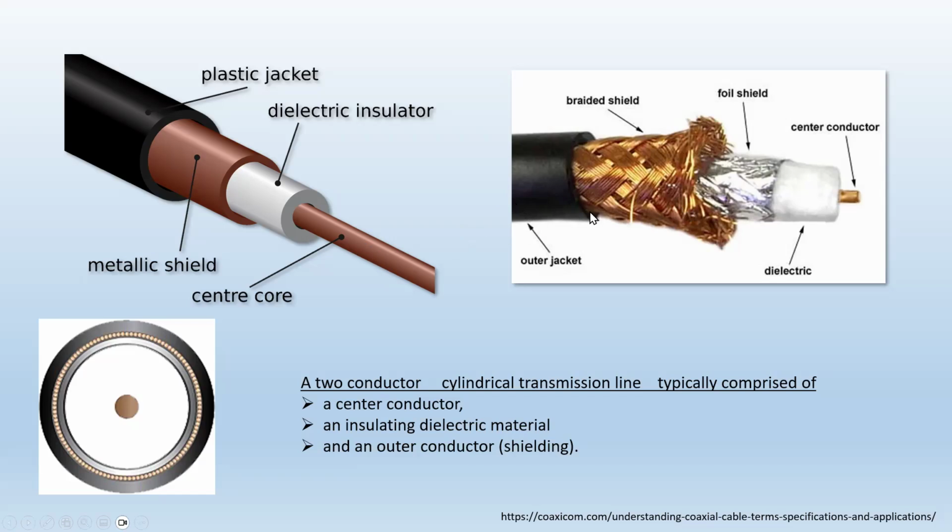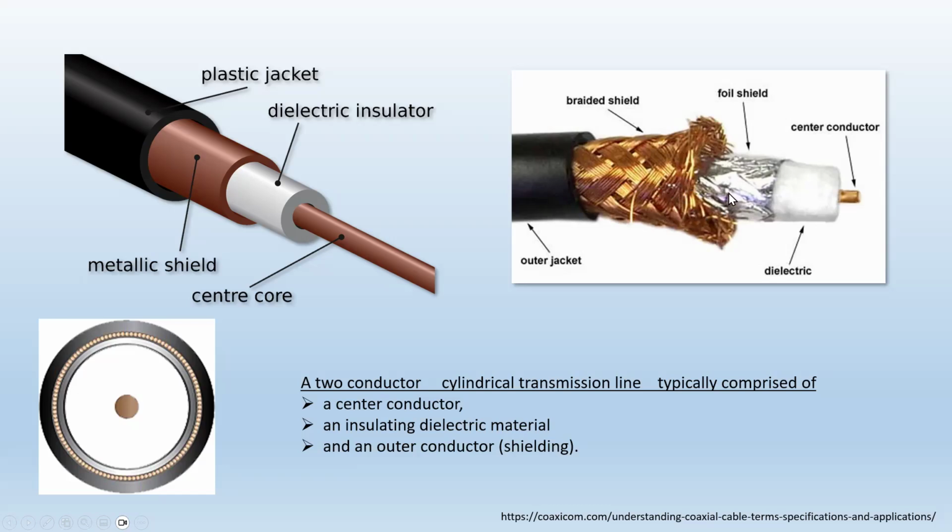But then again, the idea is the shielding is supposed to protect from outside interference and protect the signal from affecting other things by escaping. But the reality is what it is. Sometimes some signal does escape. So some cables may be more shielded than others, and there will be different grading of those and different designations.